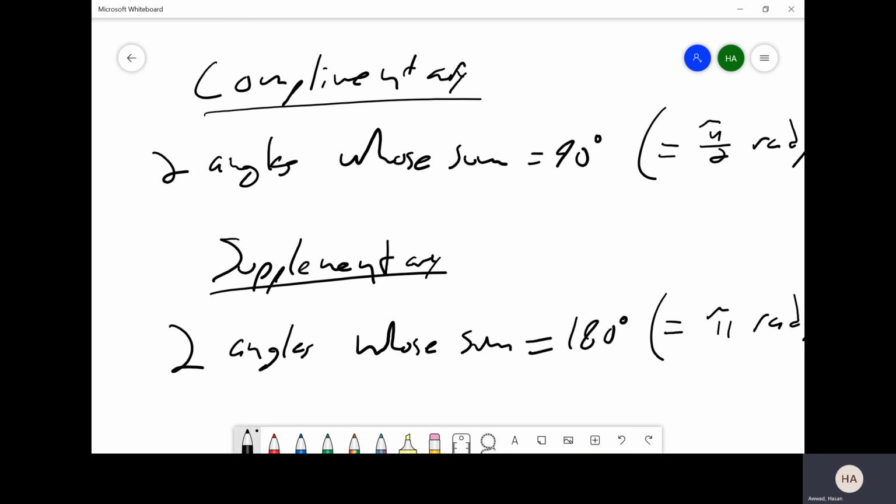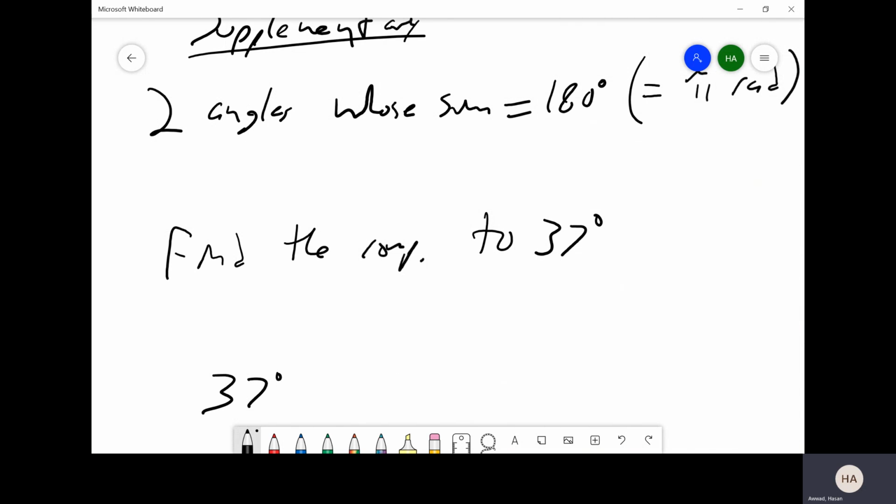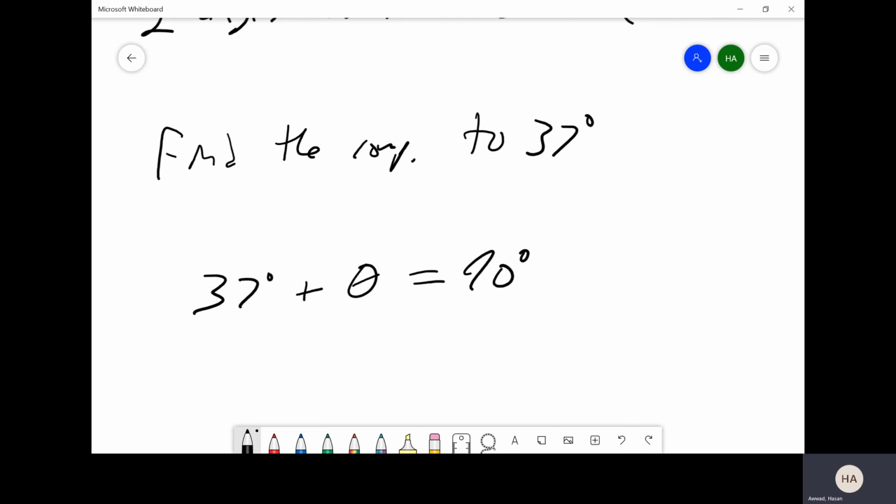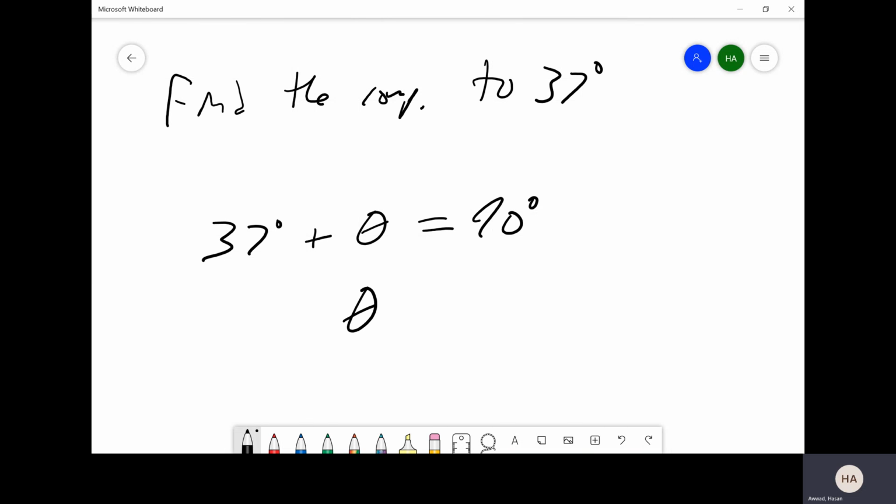So you know it's two angles being added together. So if I say find the complement to 37 degrees, we know there's some other angle, which I'm going to call theta, to where when I add these together, it should give me 90 degrees. So, okay. That's easy enough. Now we just solve for theta, right?